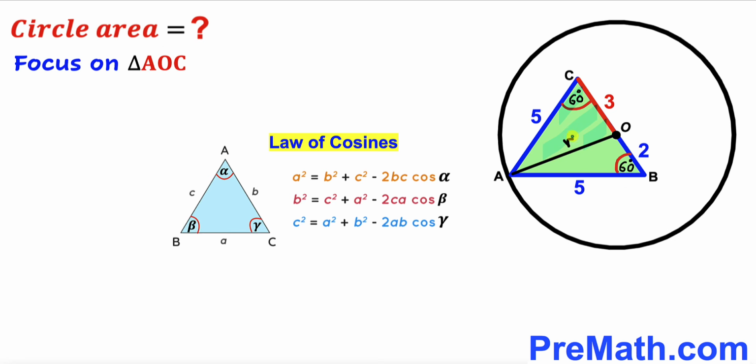We have side length r, and the opposite angle is 60 degrees. So r squared equals 3 squared plus 5 squared minus 2 times 3 times 5 times cosine of 60 degrees.